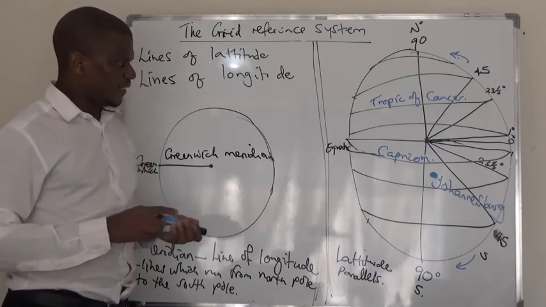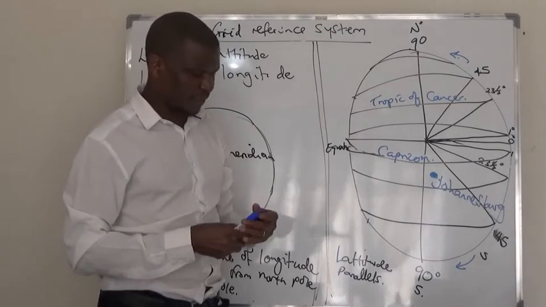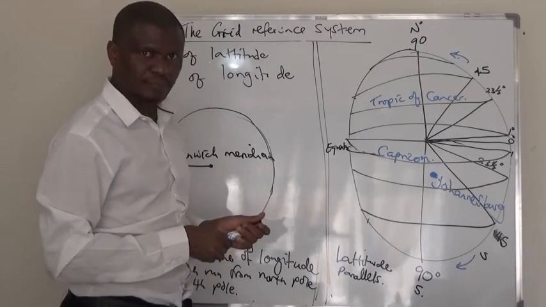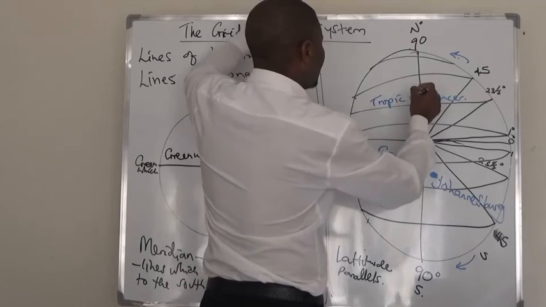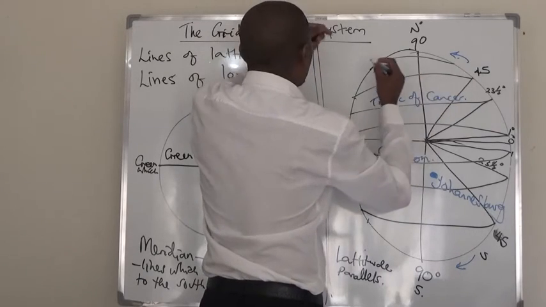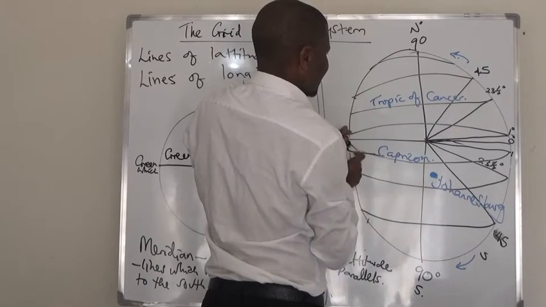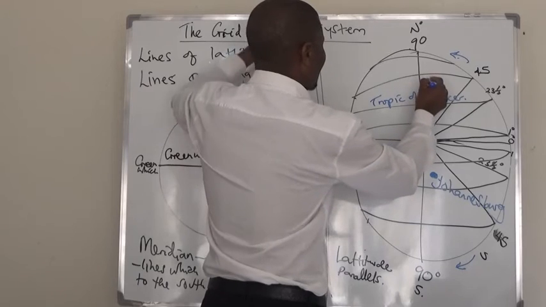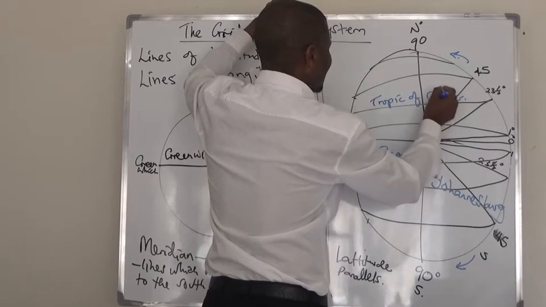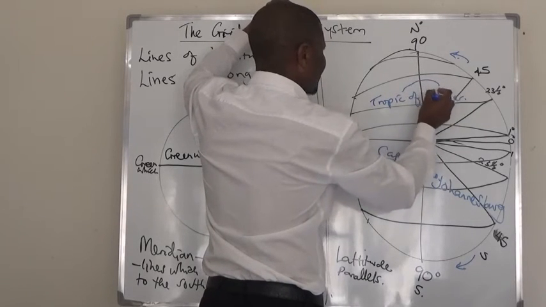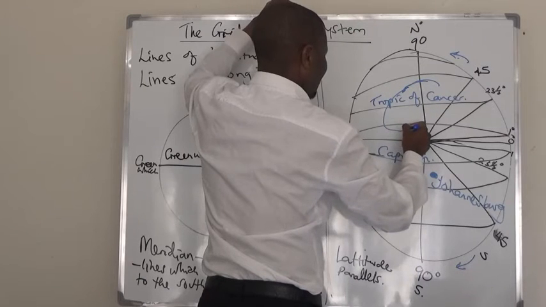So in our example here, if I could try and draw a map of Africa, it would probably stand something like this. Forgive my drawing, please.